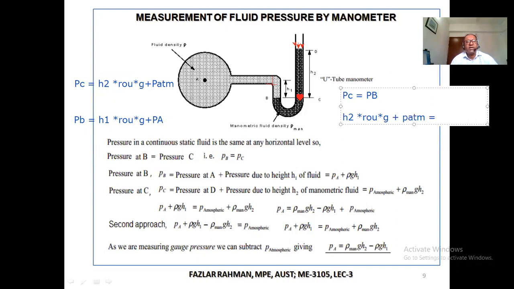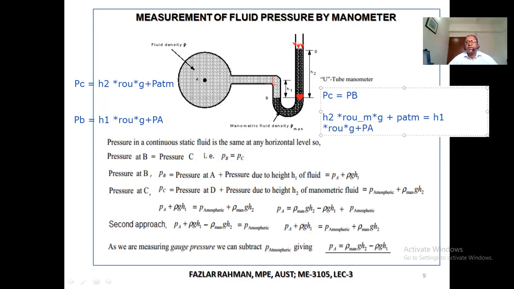And the right side, PB, H1 rho, then G, and in H2, this is the rho M, right? Rho manometric fluid, right? So rho G, then I have PA.